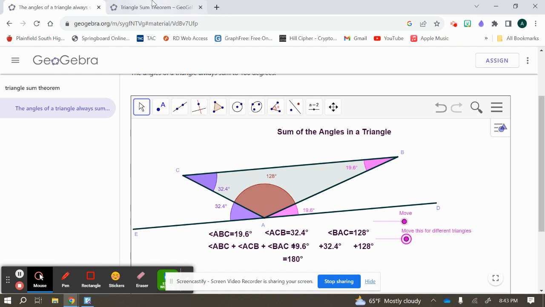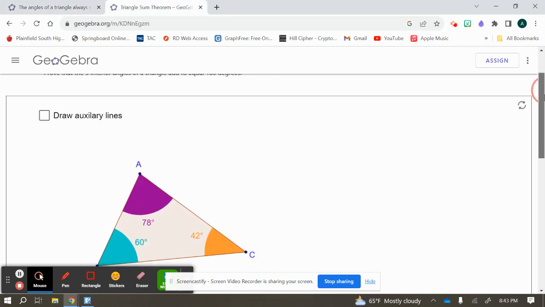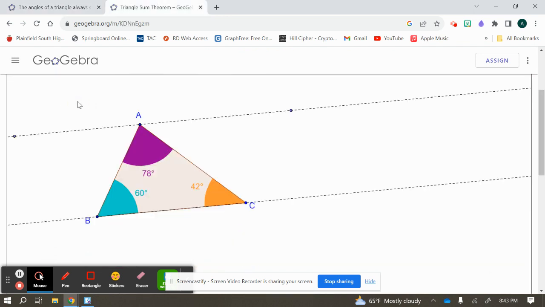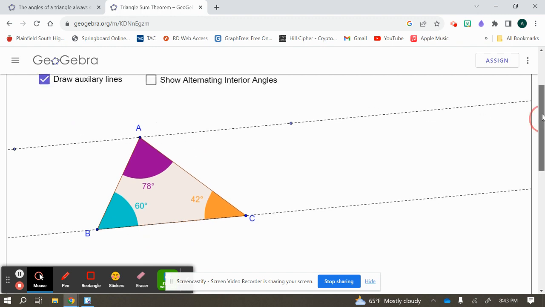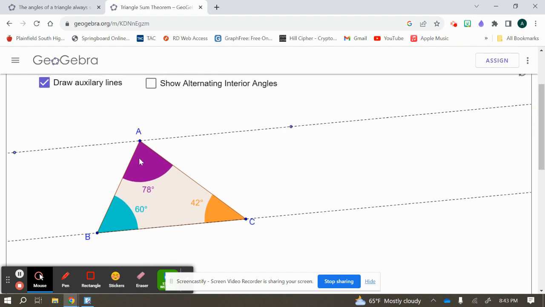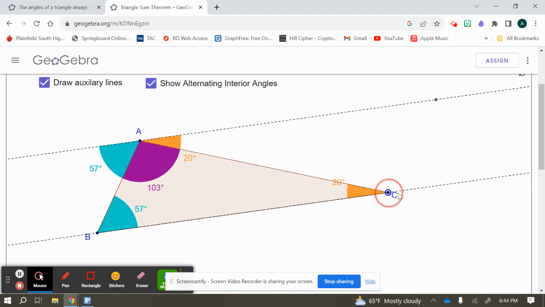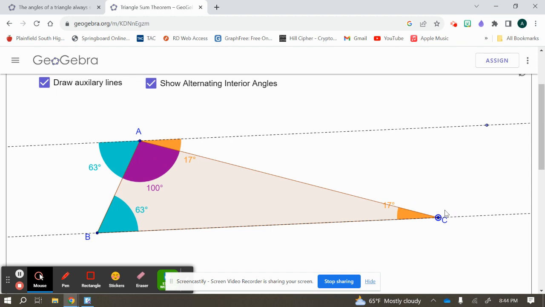And again, going back to another GeoGebra slide, we see this. So what we can do is draw in those auxiliary lines using that theorem we just talked about. And then from there, notice we create those alternate interior angles with those parallel lines to show why they're always summing up to be 180 degrees. We're creating that straight angle.